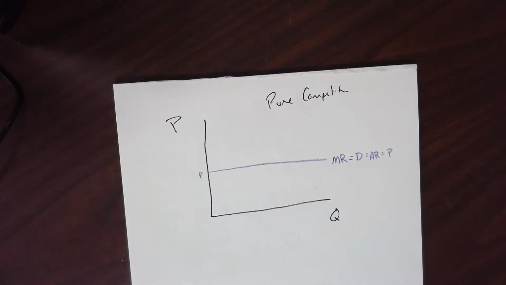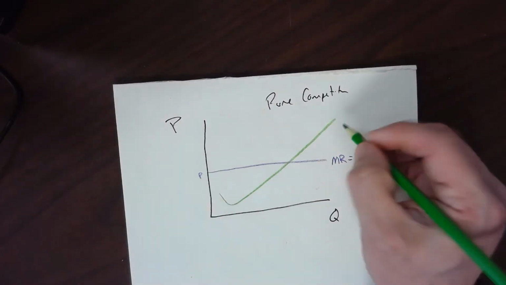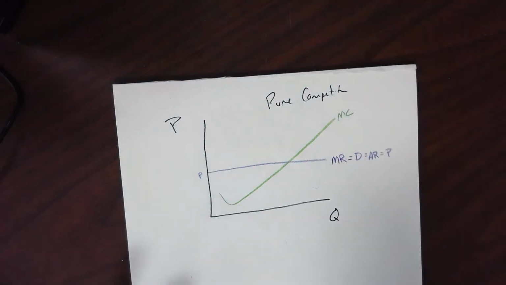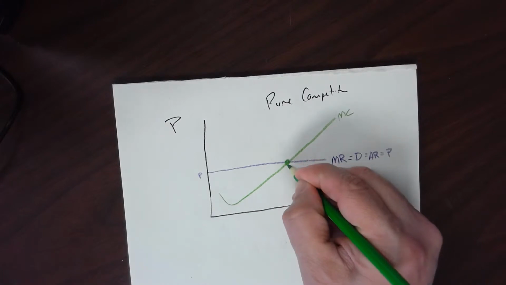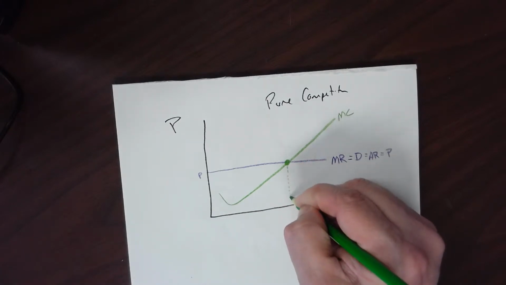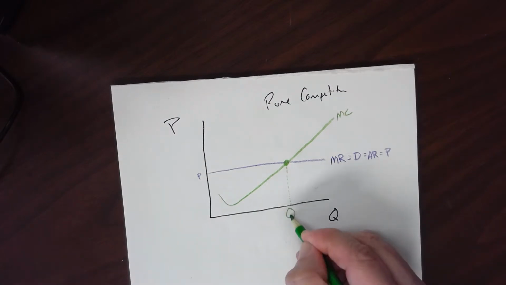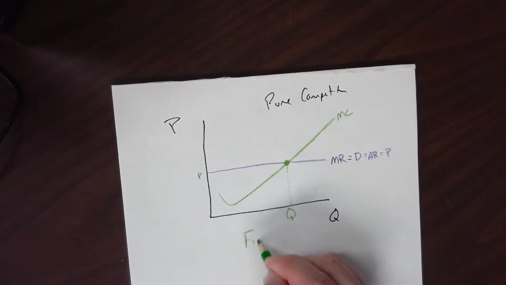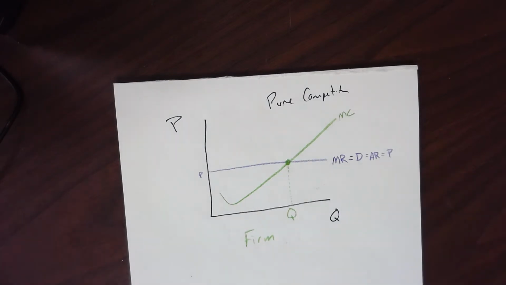Then you have your marginal cost curve, which from a previous set of notes kind of looks like the Nike swoosh. All right, the price quantity combination that we will produce at as a firm, right, this is the individual firm, will be where MR equals MC.